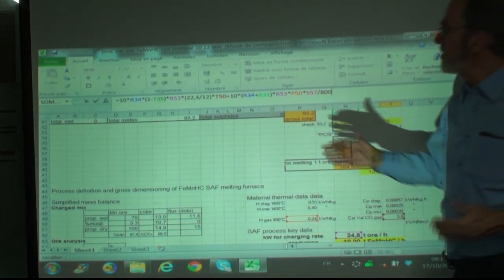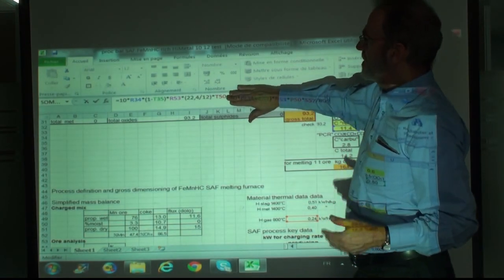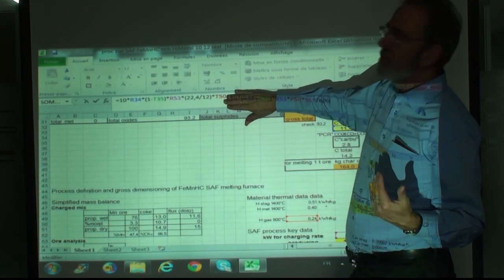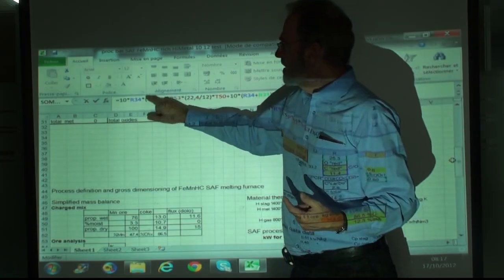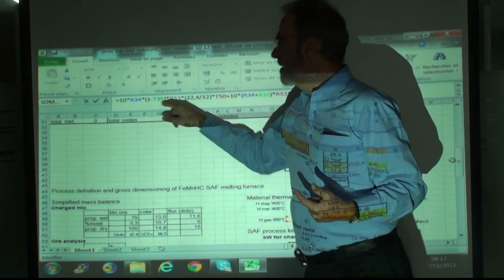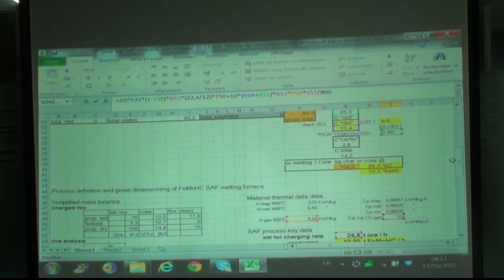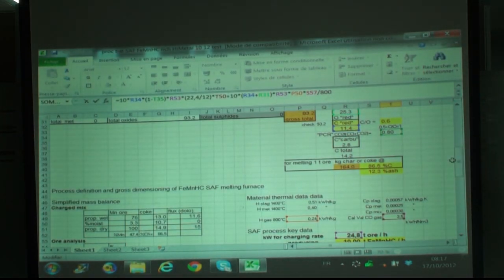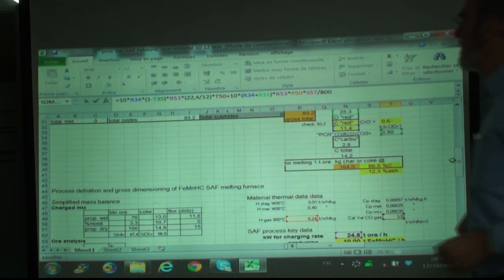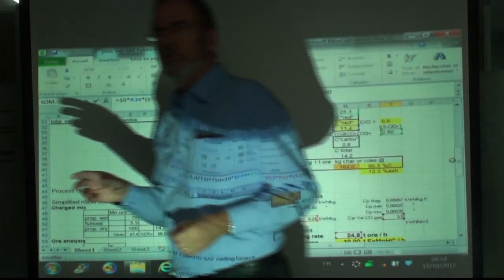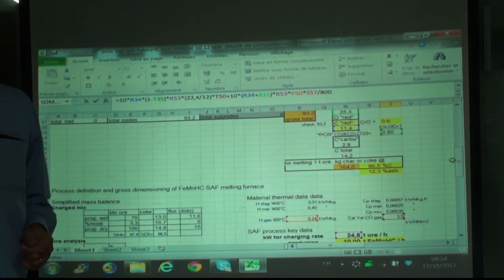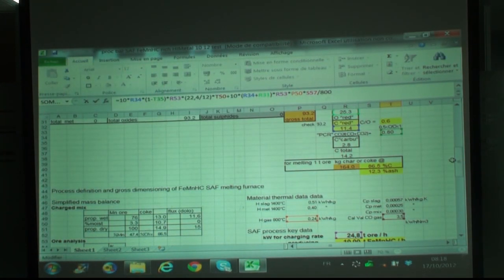The first term is the same formula as for the amount of gas, except that you multiply by 1 minus PCR to only select the CO, because CO2 has no calorific value. Shall I detail it more? Yes.